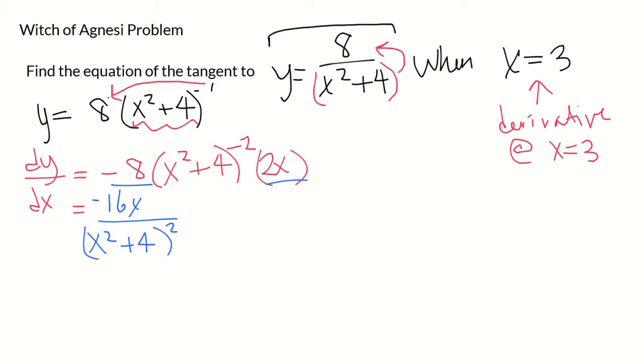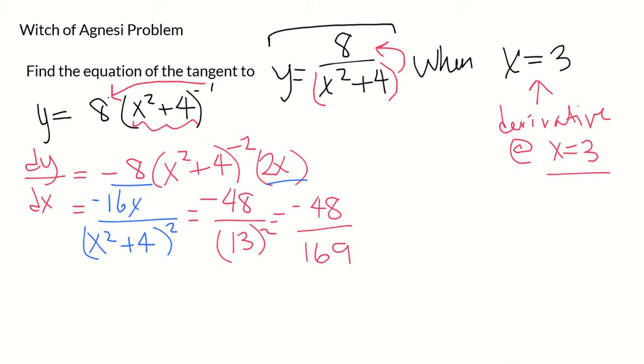So now we need the derivative at x equals 3, so let's plug in 3 to this equation. And we would get negative 48 over 3 squared plus 4 is 13 squared, so negative 48 over 169. So this is the derivative, so that's going to be our slope.